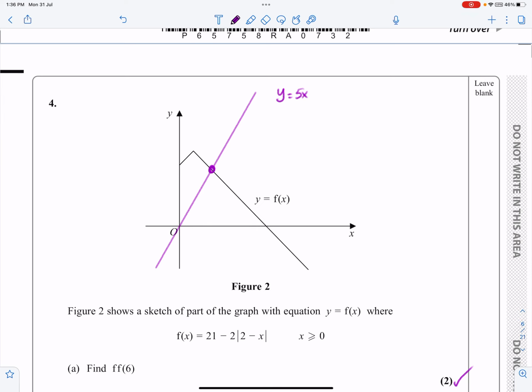Quite clearly, even though this is a sketch, there's only going to be one answer. My function, 21 minus 2 modulus of 2 minus x, has 2 parts: one with a positive gradient and one with a negative gradient.